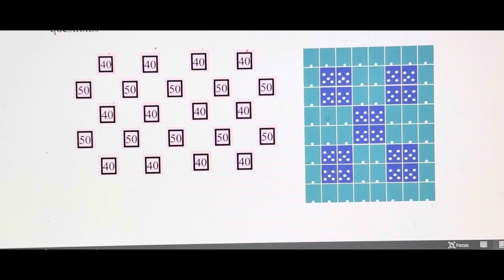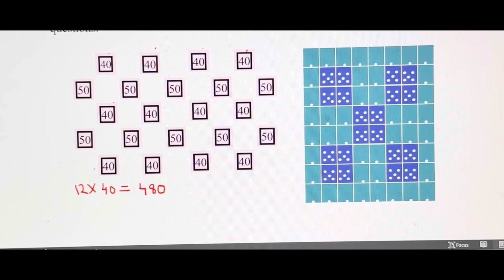So 40 is 12 times. So 12 times 40, which is 12 fours are 48, so this becomes 480, correct.